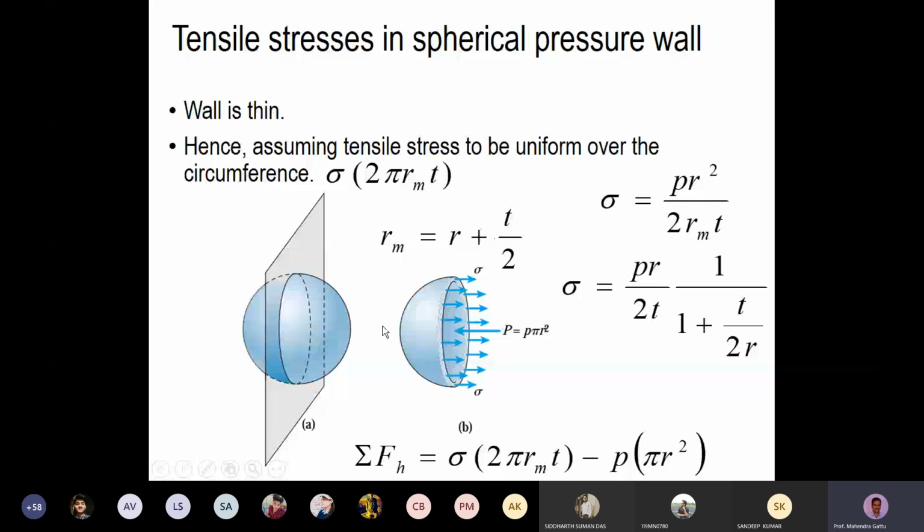So the larger the pressure vessel, the more stress comes onto it, and it is inversely proportional to the thickness. If the thickness is increased, then stress will reduce, or if thickness is reduced, the stress will increase. So this is the expression for stress sigma on that circular annular area.